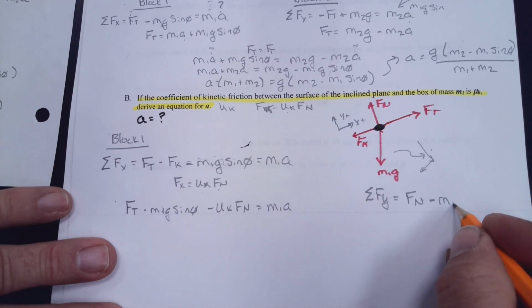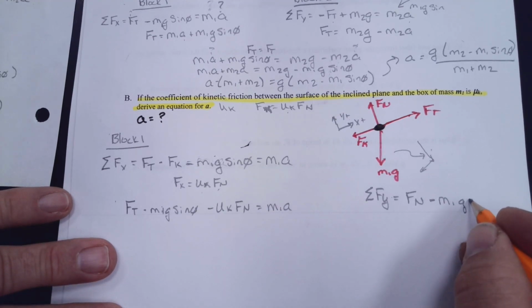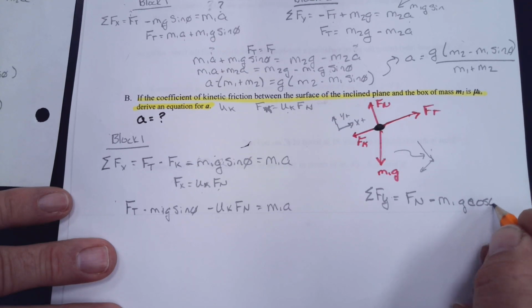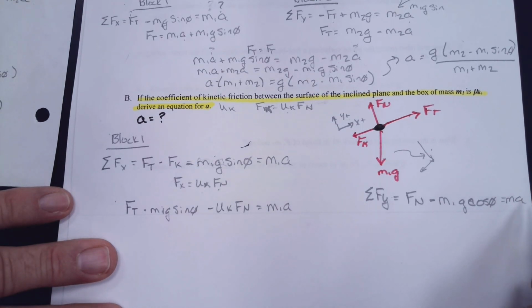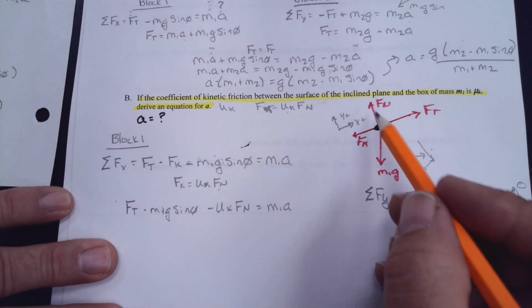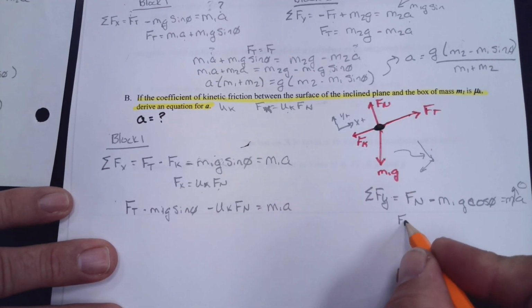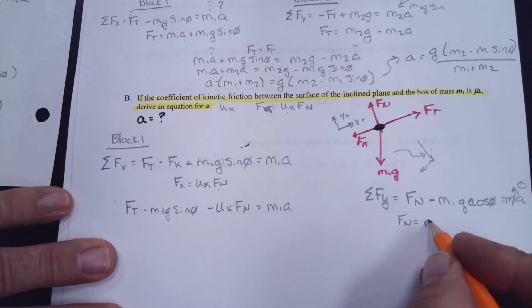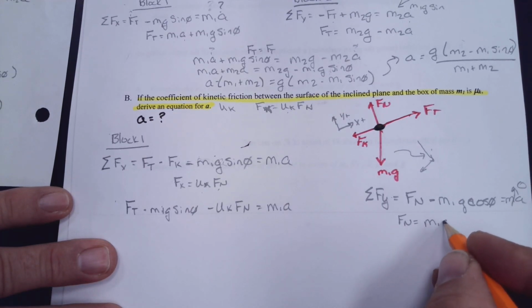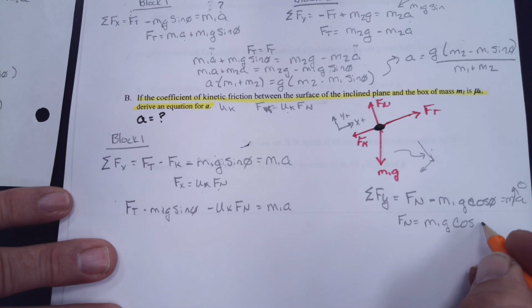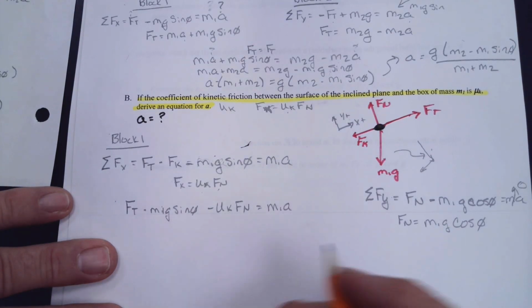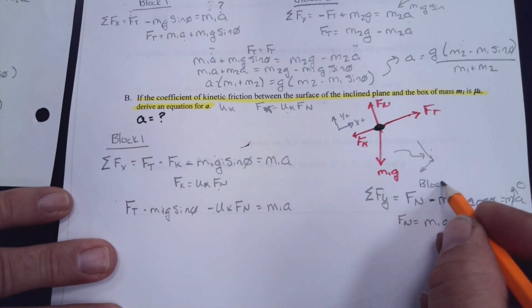So I've got mass times gravity times the cosine of that. And there is no movement going in the y direction like that for this block particularly. So f of n is going to become, and this was for block 1.